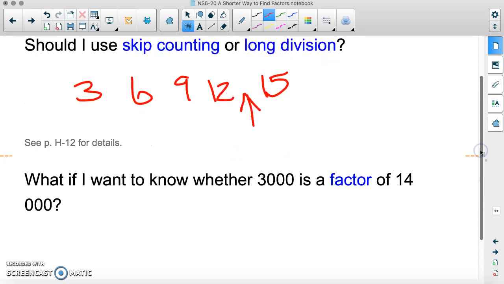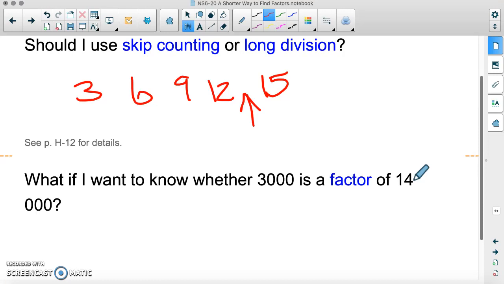But now if I want to know whether 3,000 is a factor of 14,000, am I going to skip count or am I going to do long division? So can I skip count maybe by 3,000 instead of 3s? Well, I can count on one hand how many times 3,000 goes into 14,000.